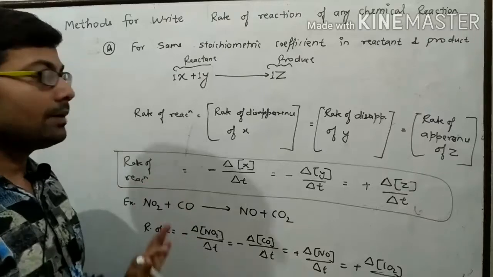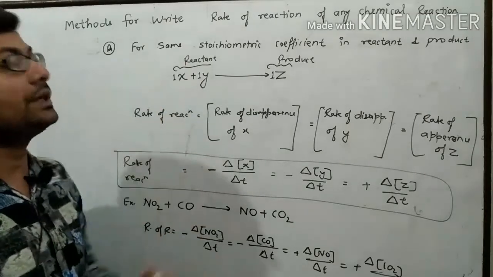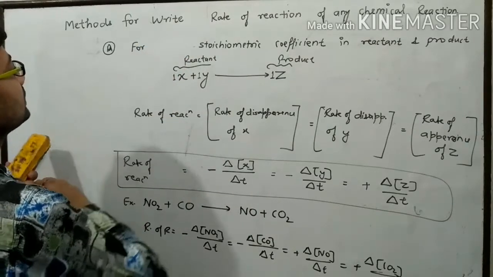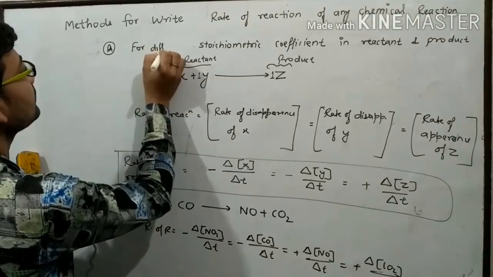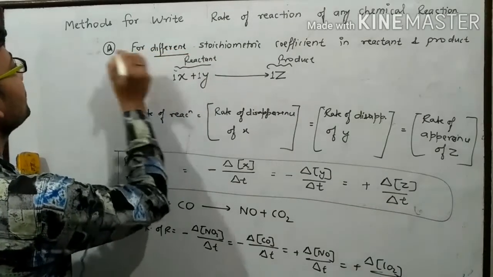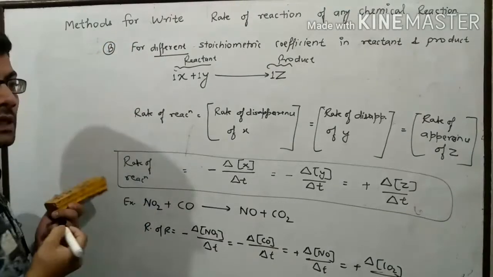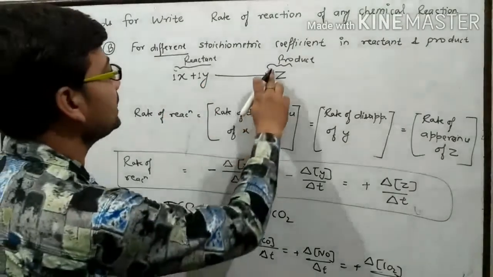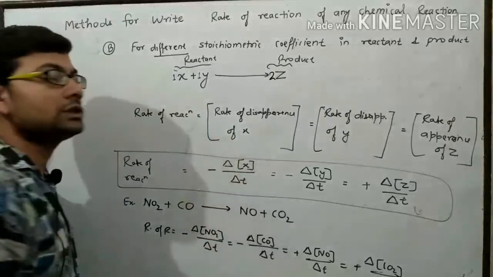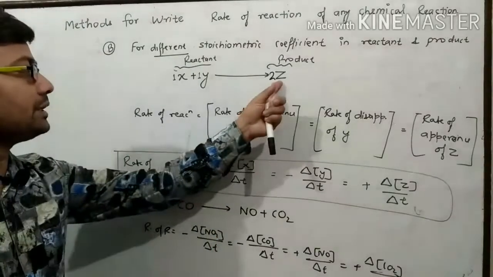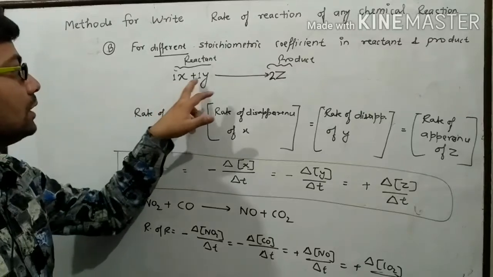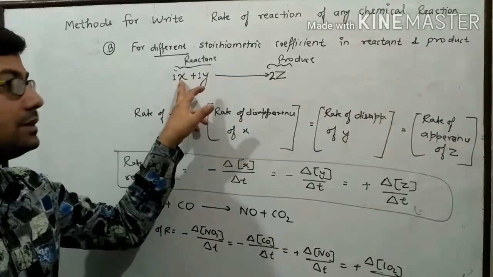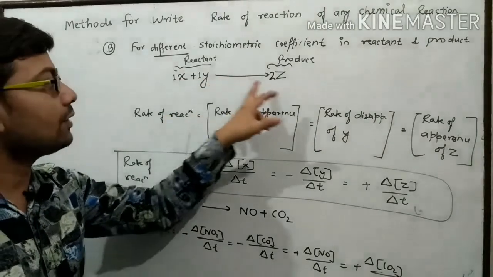But now we discuss having different stoichiometric coefficients. Just if X and Y react to each other and they form 2 moles of Z, there is the difference in stoichiometric coefficient. Here 1 mole and here 2 mole. Means when 1 mole of X reacts with 1 mole of Y, then it forms 2 moles of Z.